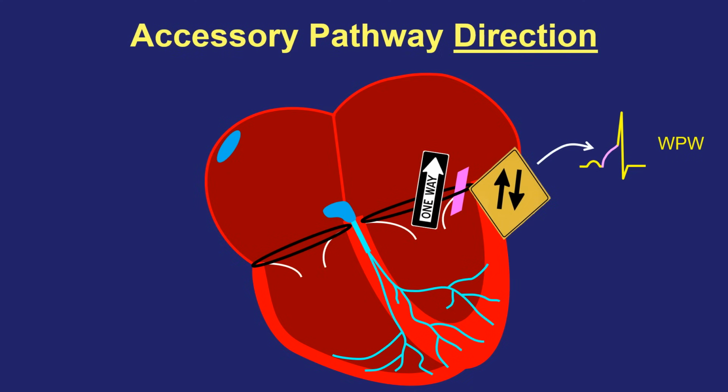These are called concealed accessory pathways because they don't create a delta wave on the surface EKG, because when you have sinus rhythm or any beats that come from the atria, premature atrial beats, you still only conduct through the AV node in the His-Purkinje system with a normal PR interval, a narrow QRS, because you are unable to conduct in the forward direction in the concealed accessory pathway scenario, and therefore you have no impact on the PR interval or the appearance of the QRS, and no delta wave is present.